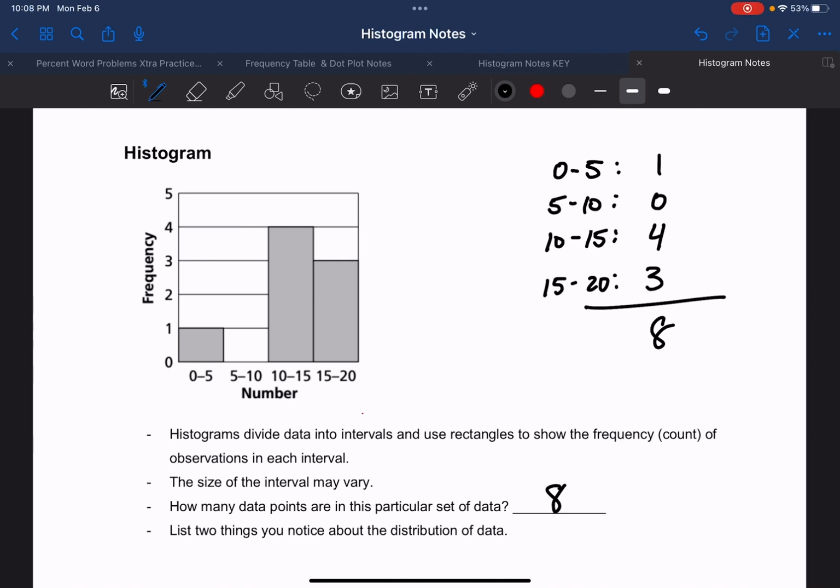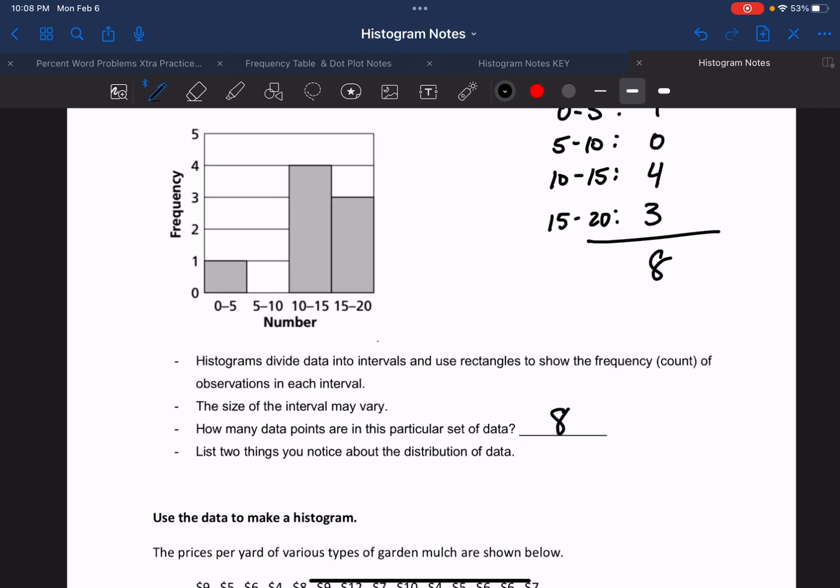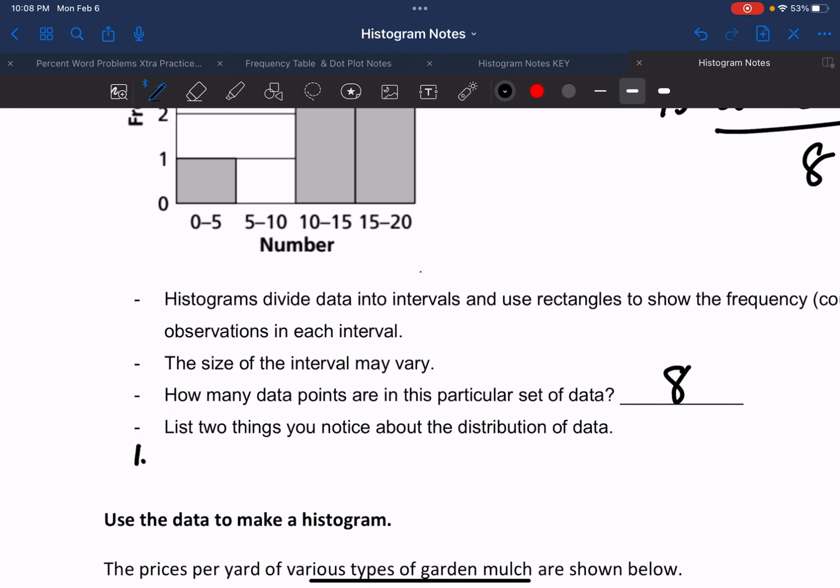When you look at this histogram, can you list 2 things you notice about the distribution of the data? Well, the first thing I notice is that our data is skewed, or more concentrated with higher numbers, towards the right side of the graph. So you could write something like this: 1, the graph is skewed toward the right side.